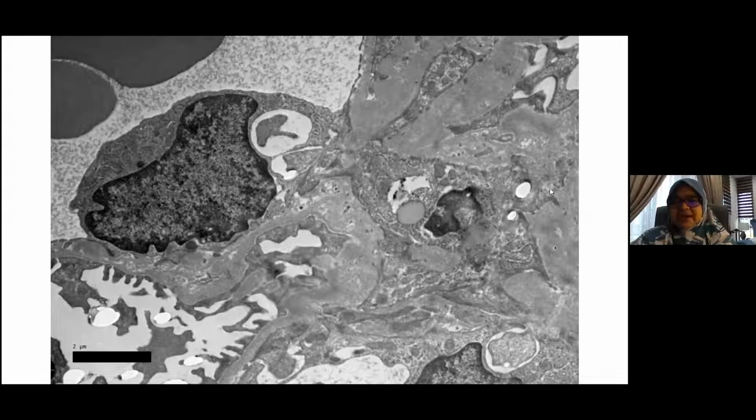Here in the mesangium, we don't see any electron dense deposits within the mesangial matrix, but we can see, again, the same thing that we saw just now, an apoptotic body within the mesangium. Otherwise, the foot processes are not too bad, pretty intact.